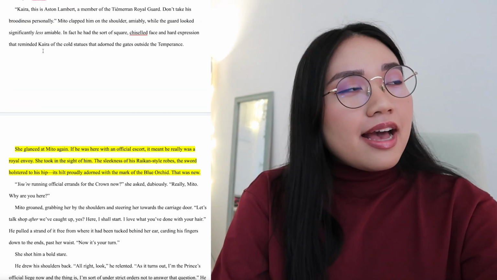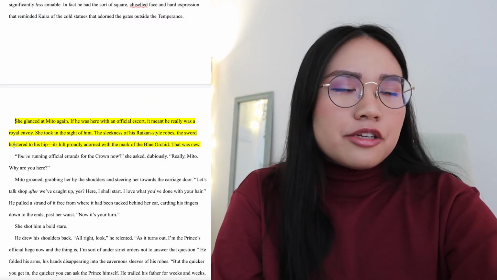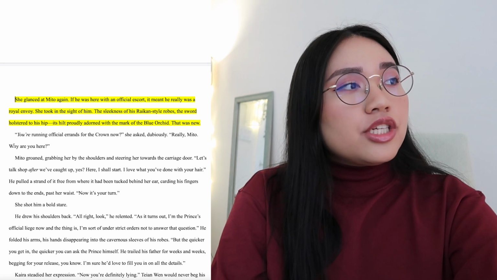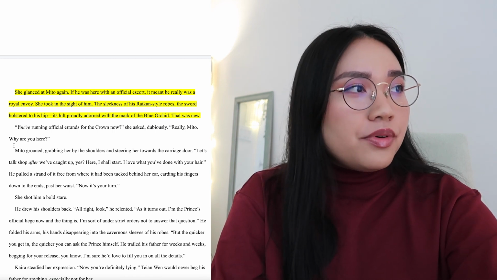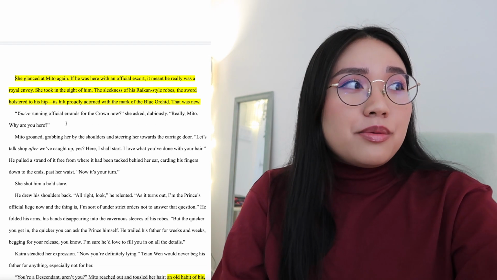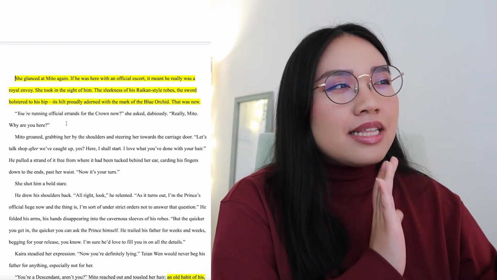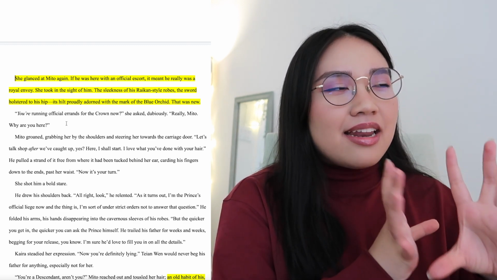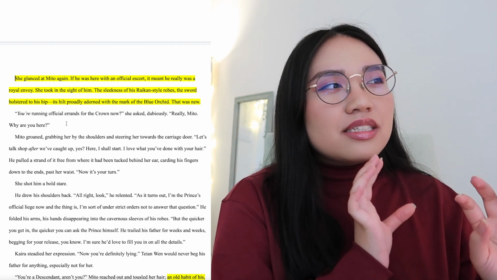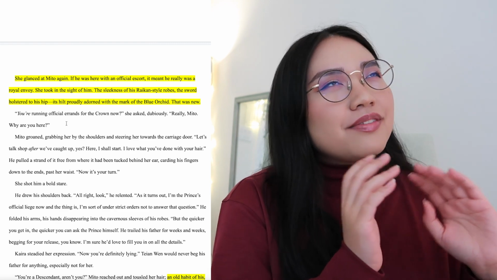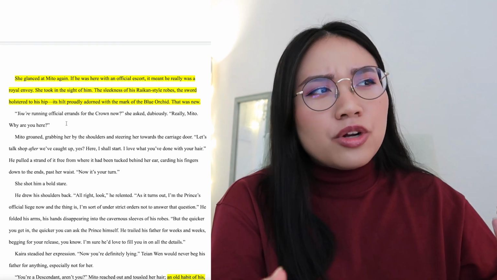And the other thing I added, after some more physical description on the third character, was this extra paragraph where she says, she glanced at Mito again. If he was here with an official escort, it meant he really was a royal envoy, proudly adorned with the mark of the blue orchid. That was new. This is an external description, but the reason I added it afterward is that it's used as not an info dump, but an expository detail, a world building detail.